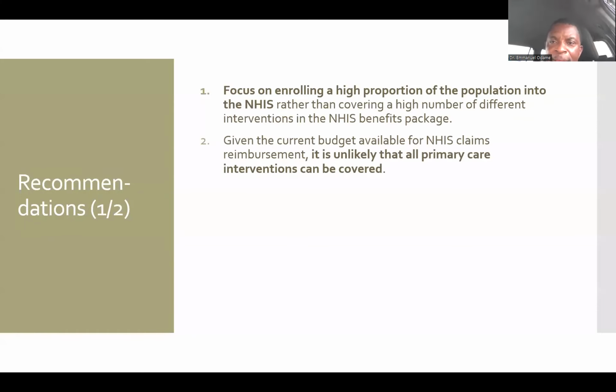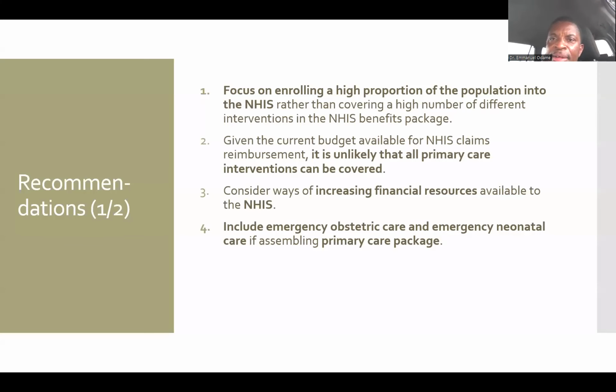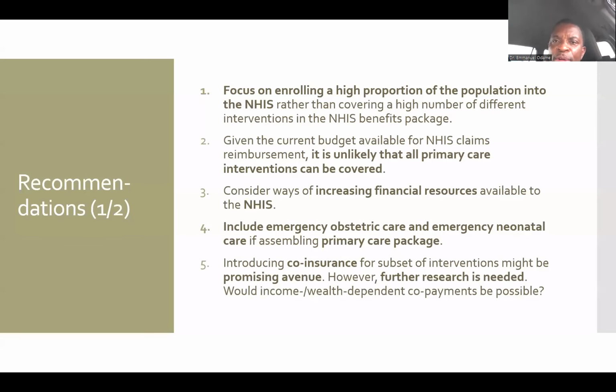So basically the point I want to make is that we should focus on looking more at population coverage. Ghana's system is more about intervention coverage. We need to look more at population coverage to maximize the benefits. Given our current budget, it's unlikely that we can cover our primary care interventions. And we also need to consider ways of increasing financial resources beyond our national insurance scheme.